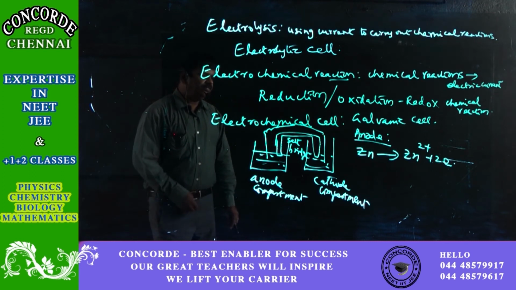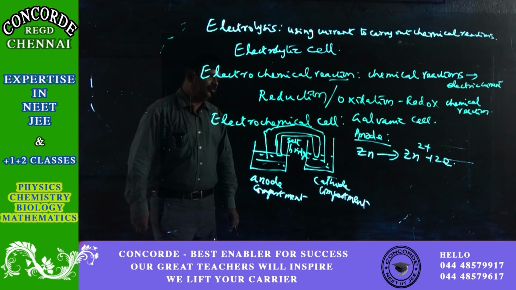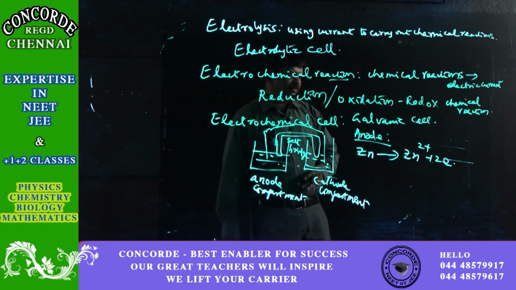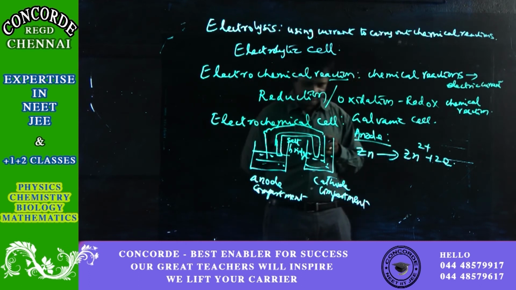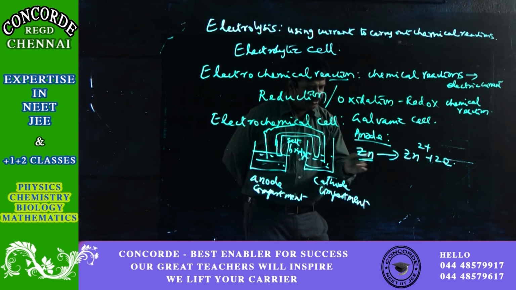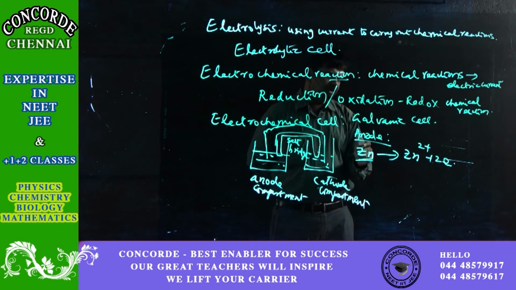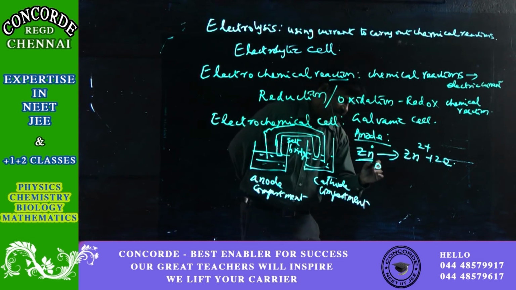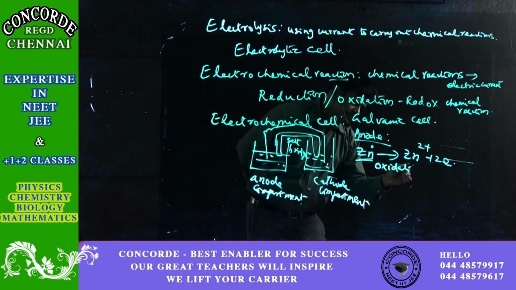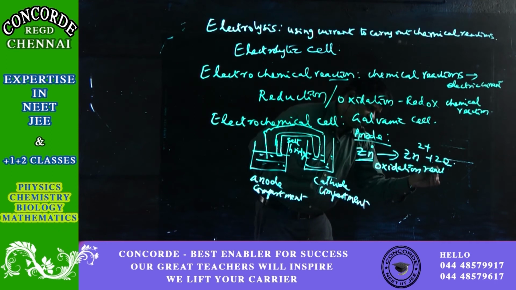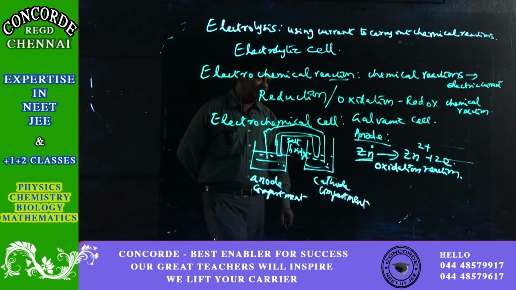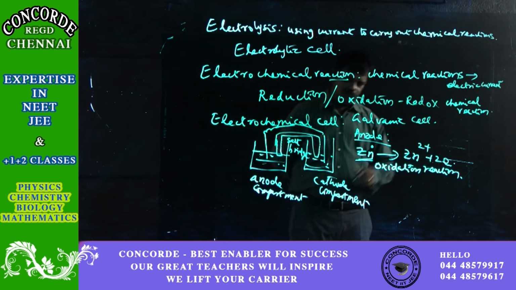So zinc is split into zinc ion and 2 electrons. What type of reaction is this? The oxidation state of zinc is 0 and it has become plus 2. Since there is an increase in oxidation state, this is called the oxidation reaction. So in the anode, oxidation happens.